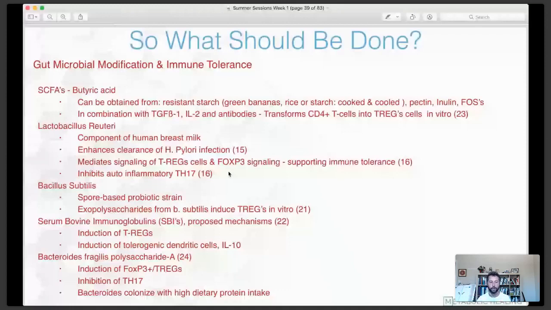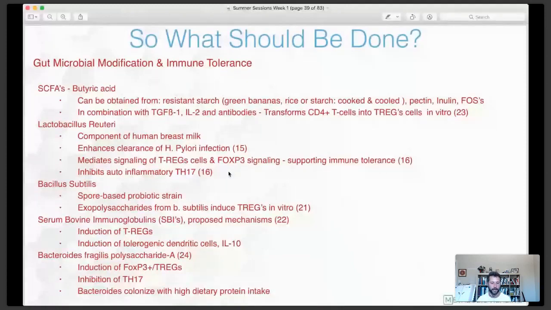Oh, I should also mention butter, of course, is a source of SCFAs. You can't have a conversation about the gut without talking about Lactobacillus reuteri, as there's plenty of studies that have shown the beneficial effects of immune tolerance and Tregs promotion using reuteri, inhibiting autoinflammatory Th17. So you know about Th1 and Th2, but know that Th17 is the autoimmune arm.